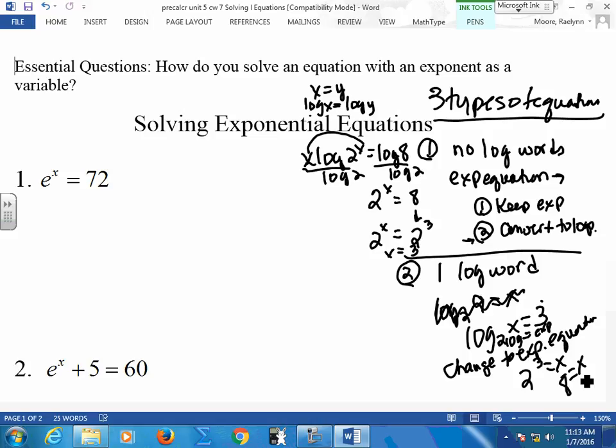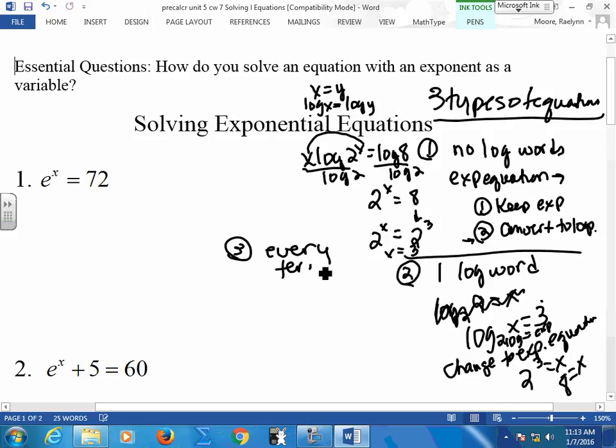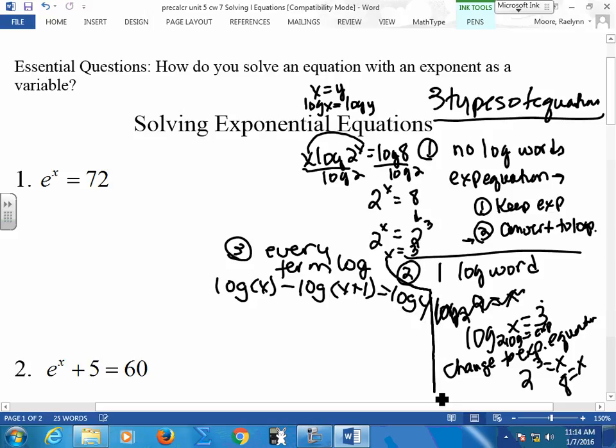The third way is every term has a log word in it. For instance, the log of x minus the log of x plus 1 equals the log of 4. Now, I cannot just take all my log words away until I condense this and make it one term equals one term.